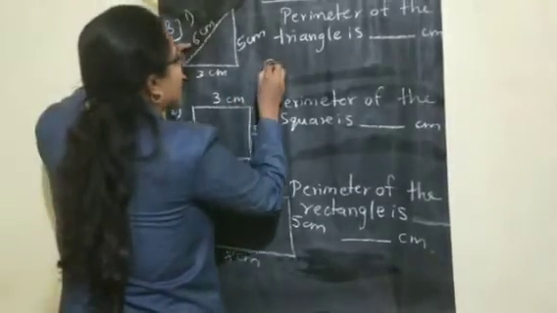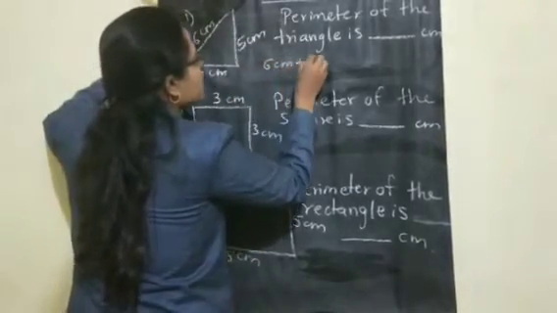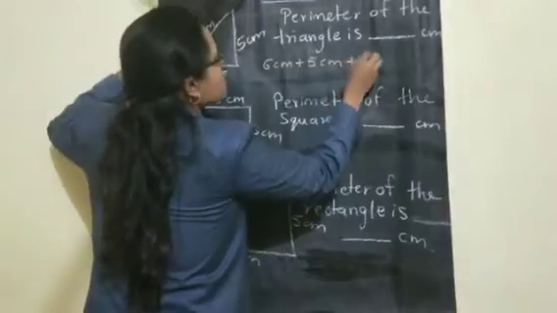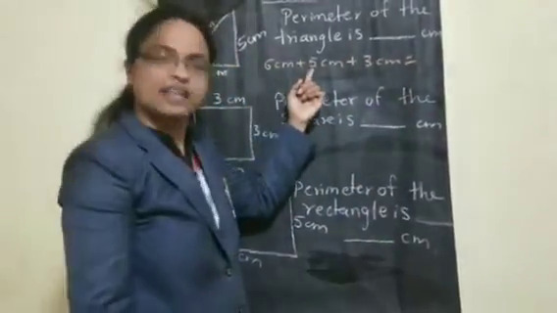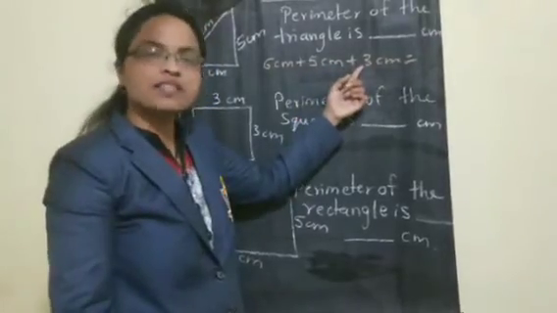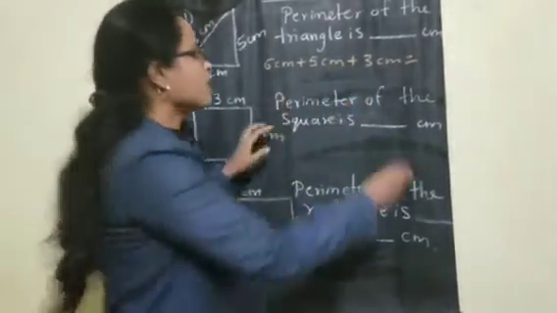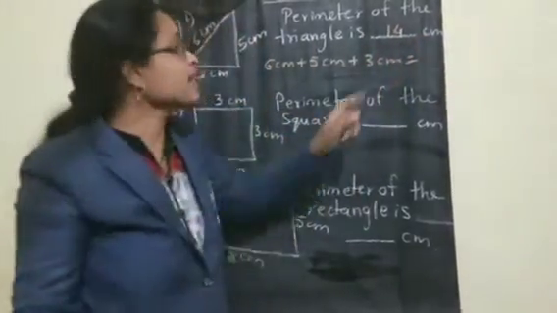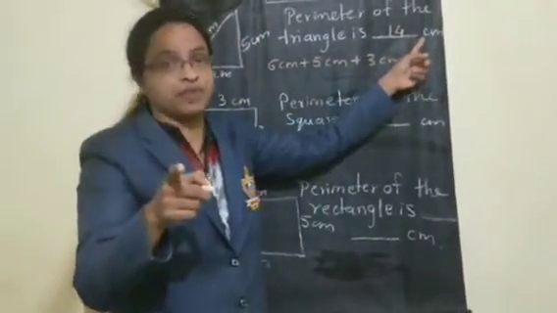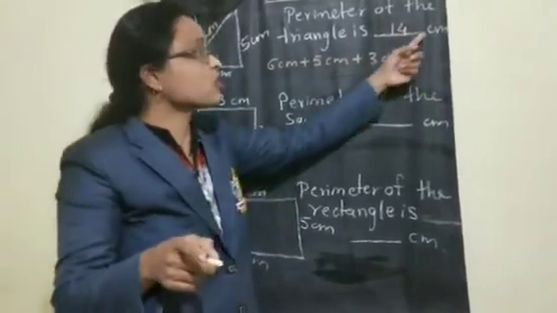So you add 6 centimeters plus 5 centimeters plus 3 centimeters. What answer will you get? 6 plus 5 is 11. 11 plus 3, children, is 14. So the answer here is 14, and you write centimeter only one time, as you are taking it as common.